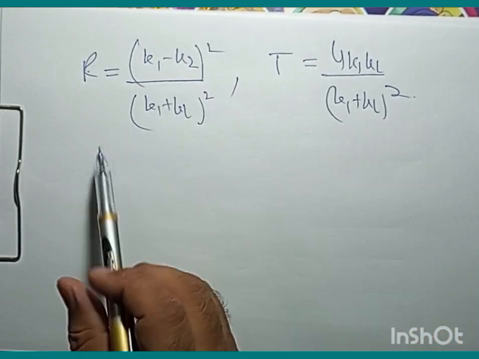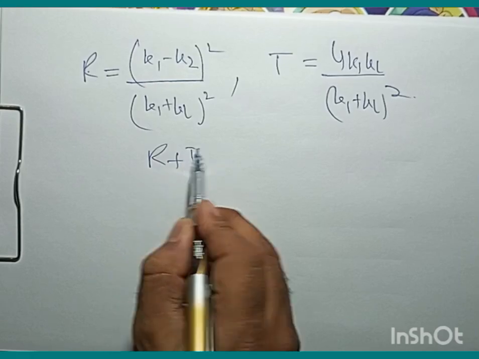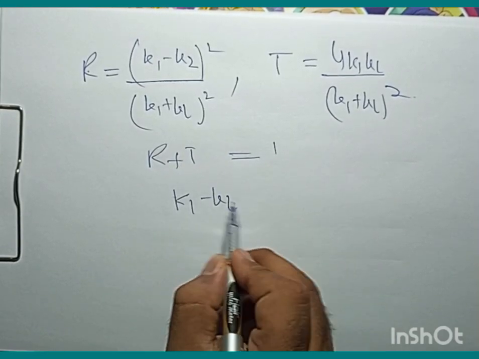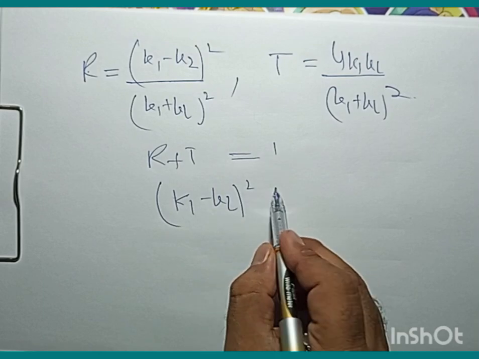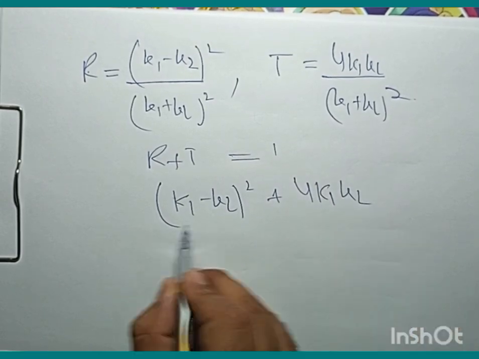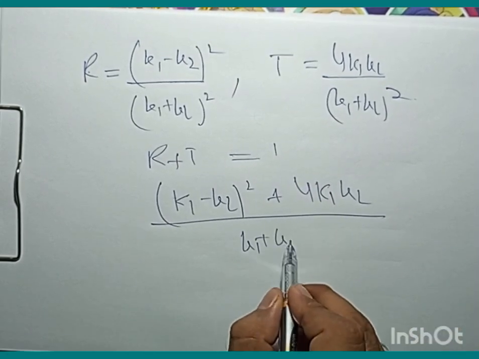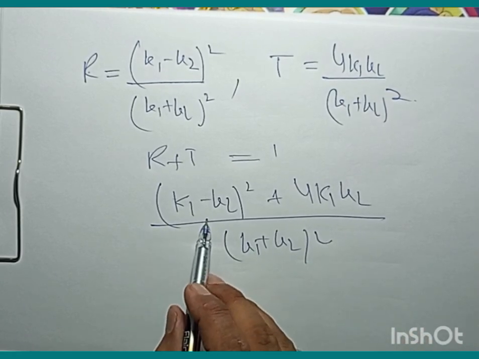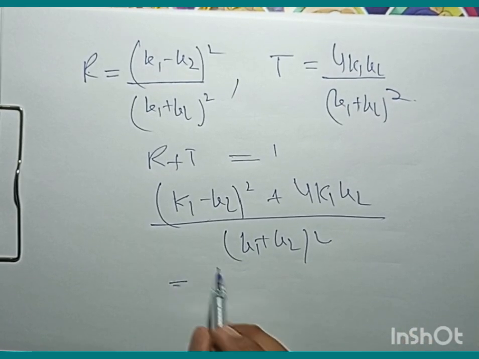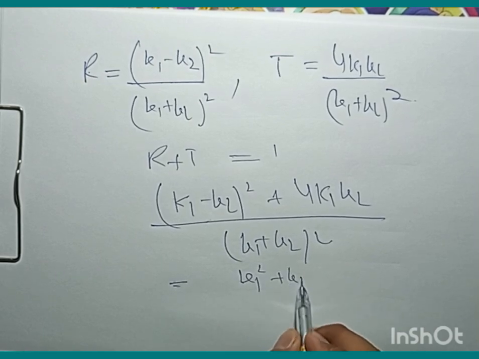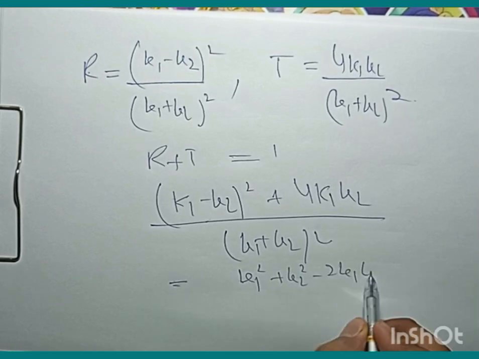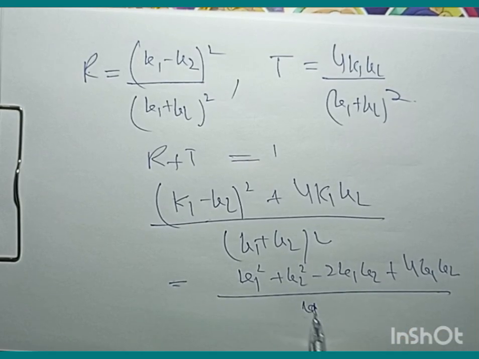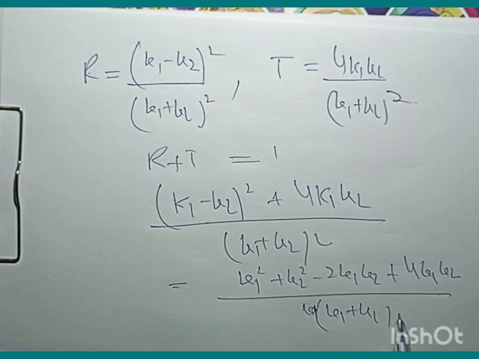And if we add the two, if we add this R plus T, it's going to give us 1, and that's clear. What we will have here is K1 minus K2 whole square plus 4 times K1 K2, divided by K1 plus K2 whole square. Here we can open this. We can write down K1 square plus K2 square minus twice K1 K2 plus 4 times K1 K2, divided by K1 plus K2 whole square.